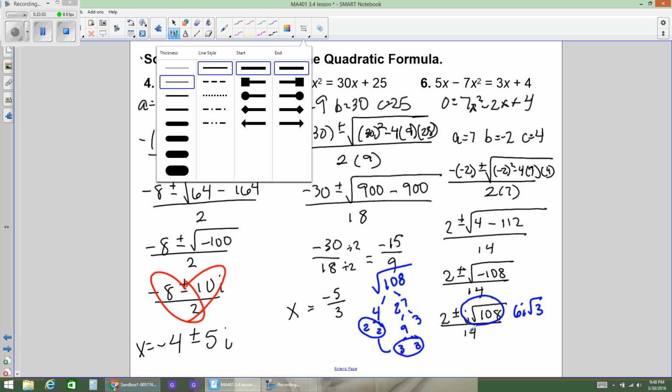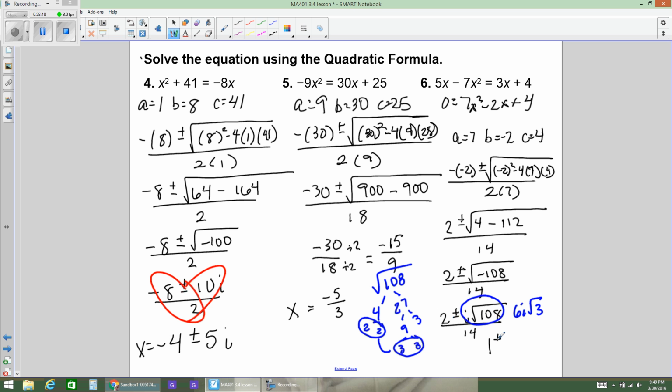The 2 and the 14 are going to reduce, and the 6 and the 14 are going to reduce by 2. So I'm going to reduce everything by 2, so I'm going to have 1 plus or minus 3i rad 3 over 7, because I reduced all of our numbers there by 2. Okay.